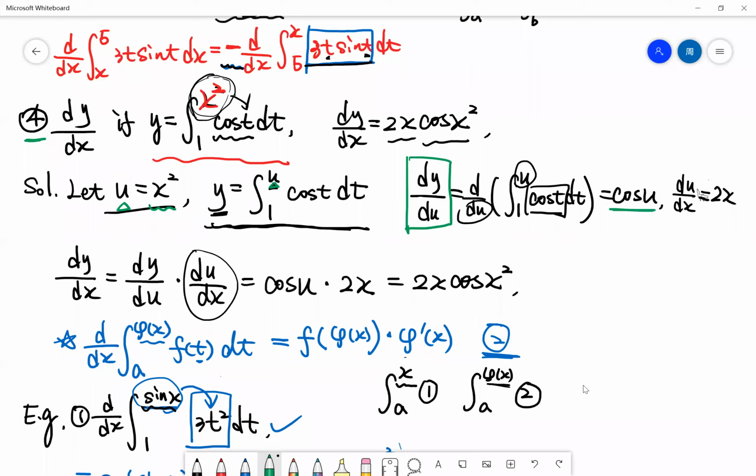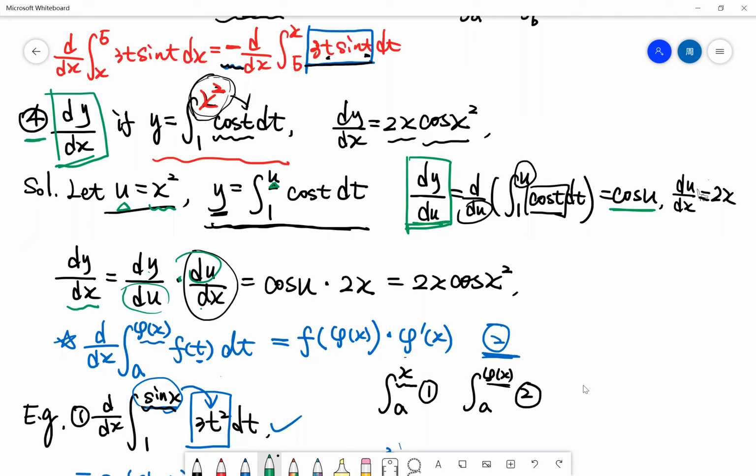But I want you to calculate dy by dx, not dy by du. So if I want to calculate dy by dx, that should be dy by du times du by dx, and here du can be removed. So that is dy by dx.